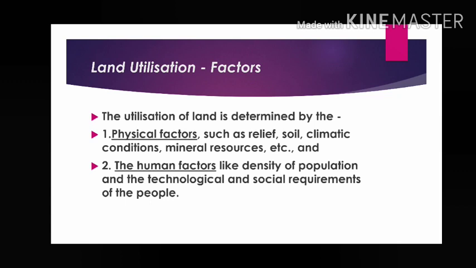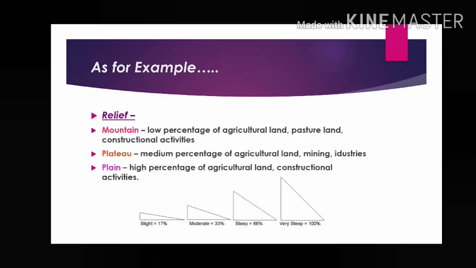As for example, that is relief. Relief means mountains, plateaus, plains, soil, climatic conditions, mineral resources. And human factors means like density of population, the technological and social requirements of the people. That means we will discuss later one by one.